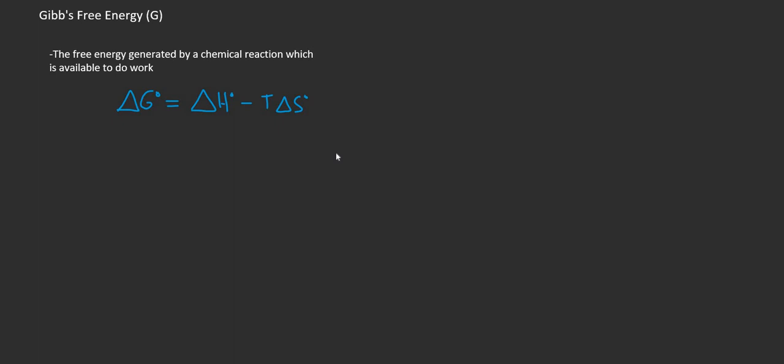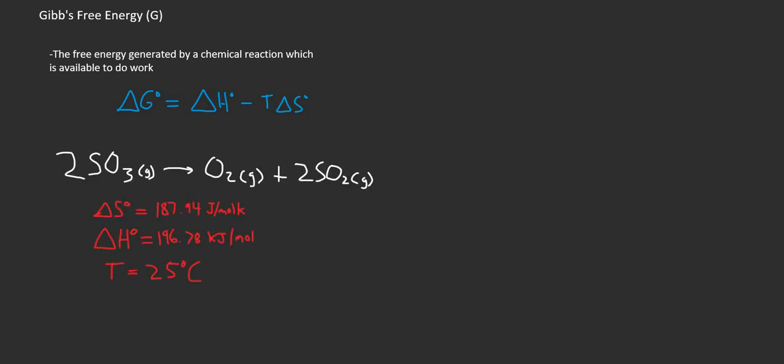And we can look at how we can calculate delta G for a particular reaction. So what we'll do is take the reaction we looked at in the previous video, which was for entropy. In the previous video we dealt with calculating the entropy of the reaction, and we're going to be looking at this reaction: 2SO3 gas forming oxygen plus 2 sulfur dioxides.